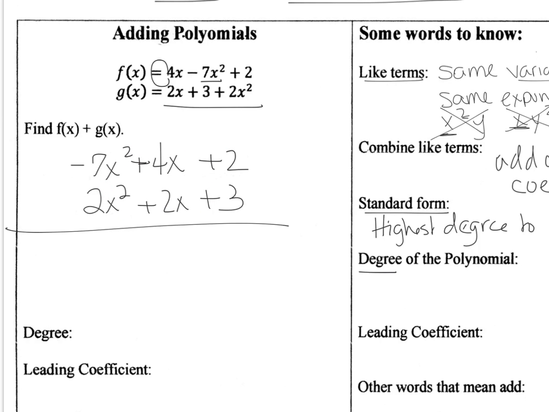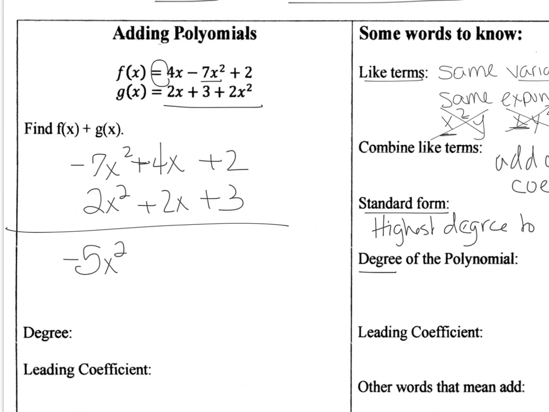So the coefficients in front, this -7 and 2, combining these means I just do -7 plus 2. So -7 plus 2 is -5 x squared. So I had -7x squareds here, and I'm adding 2 to them.